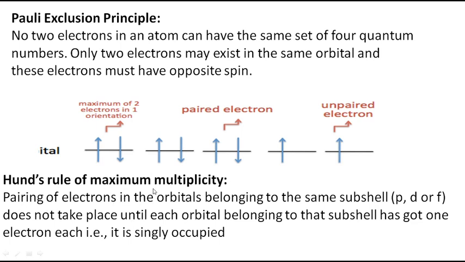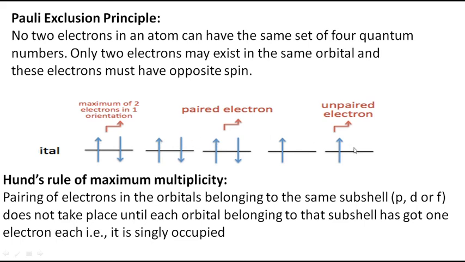Next, Hund's rule of maximum multiplicity. So pairing of electrons in the orbitals: if you are having 10 electrons, when would this pairing take place? This is a d orbital because you have 5 orbitals. P means you have 3, is it not? So d means you have 5: 1, 2, 3, 4, 5.